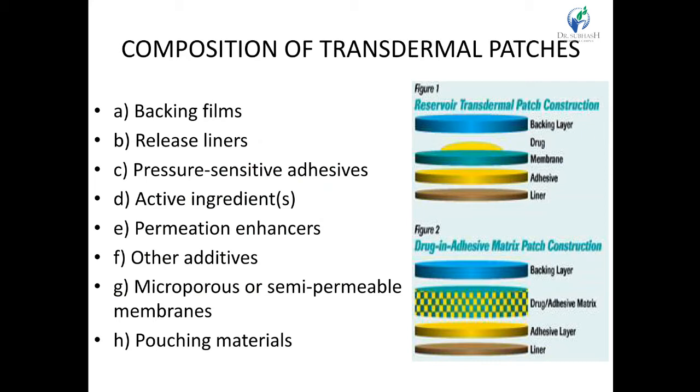Other than that, the penetration or permeation enhancers, which temporarily diminish the impermeability of the skin and alter its permeability by hydration and denaturation, altering the lipid profile and increasing permeability. That is why we add a permeation enhancer. Also important are the adhesive properties to stick to the skin, so we use a pressure sensitive adhesive.